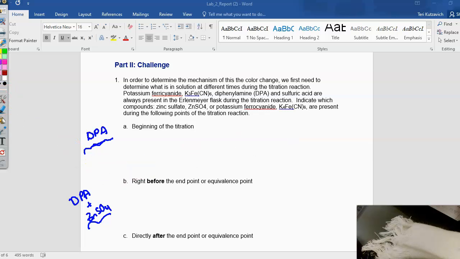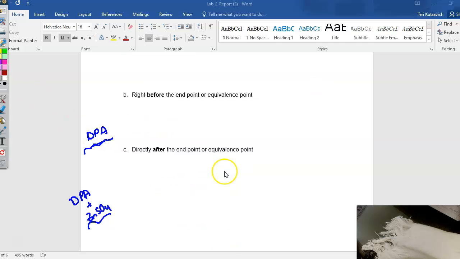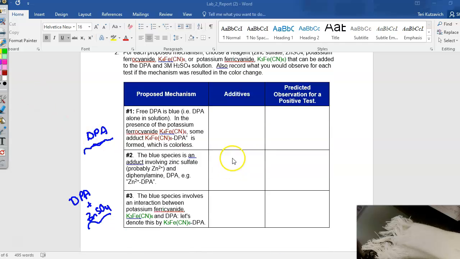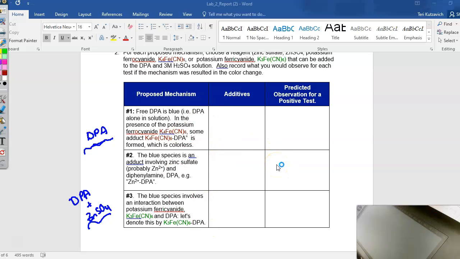So you have to explain the color that you saw when this was happening, and then make your predictions here. Okay? All right. It's very easy. Don't make that challenge hard. It's common sense easy. You're just looking to see when it turned blue.